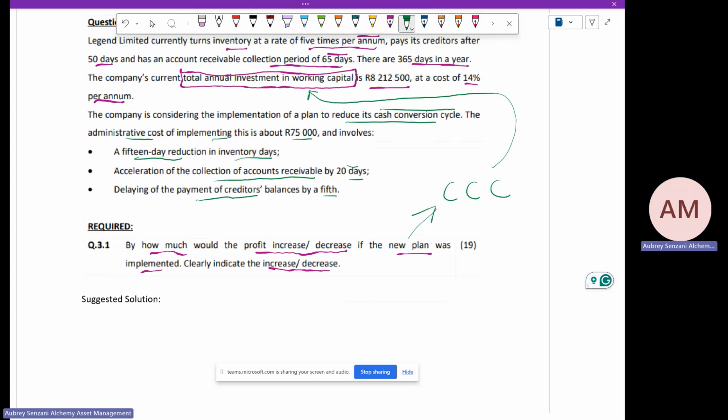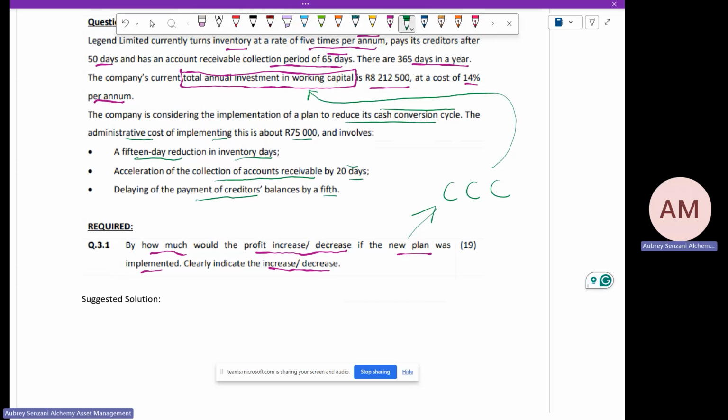Let me read this. It says on page 105, under the cash conversion cycle, second sentence, the CCC is representative of a company's investment in working capital, measured in days. So by reducing the CCC, what are we reducing?